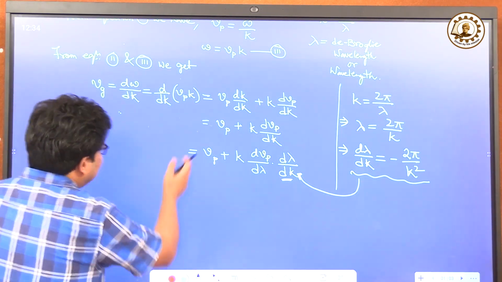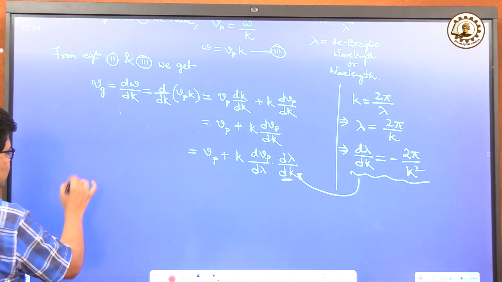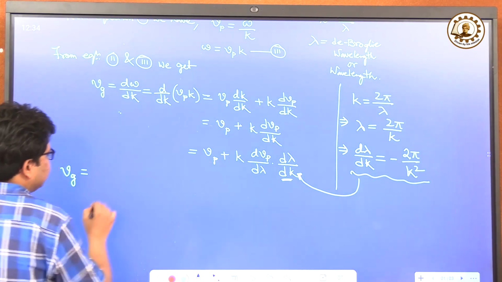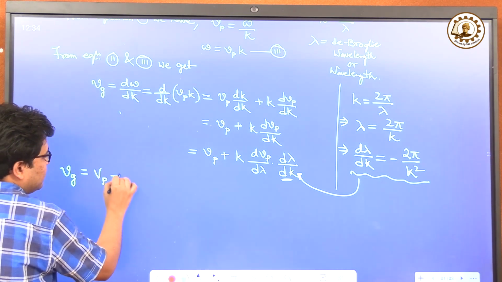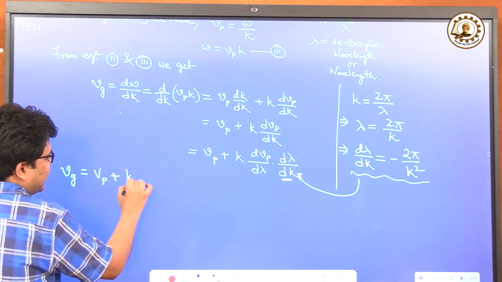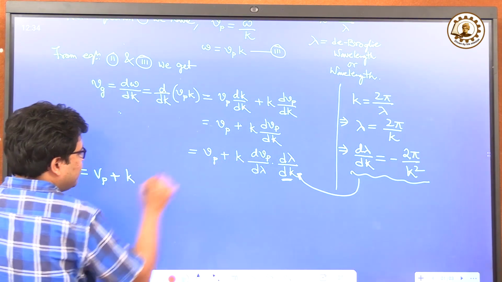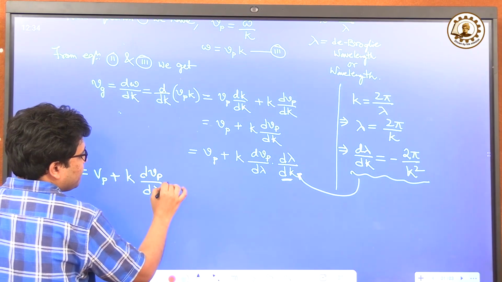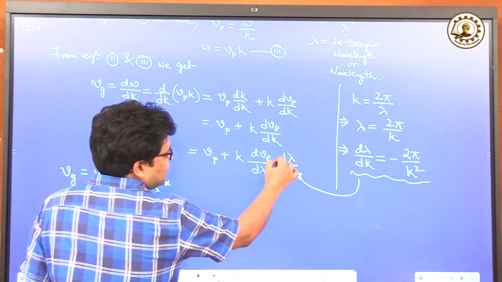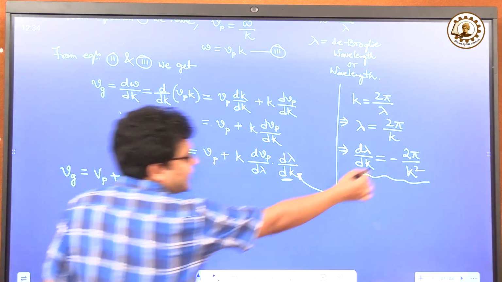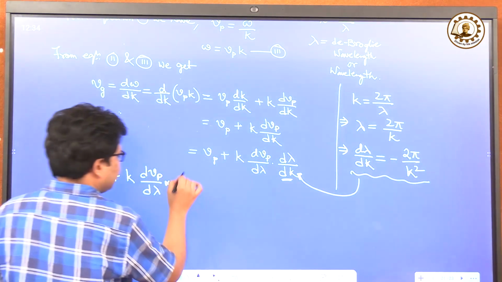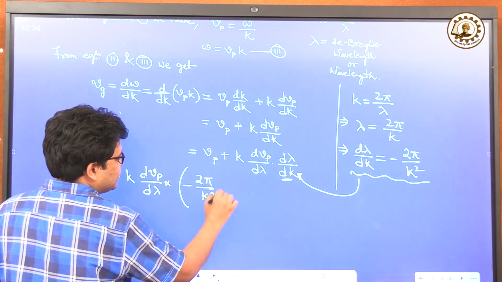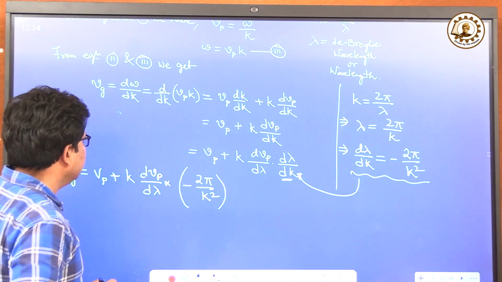So therefore on the left hand side we have Vg, that means group velocity. It equals, the first term is Vp plus k dVp by d lambda into, now the expression for d lambda by dk, that is minus 2 pi by k squared.